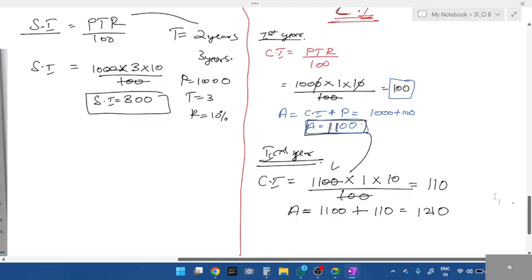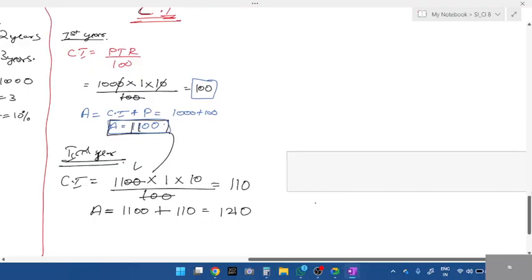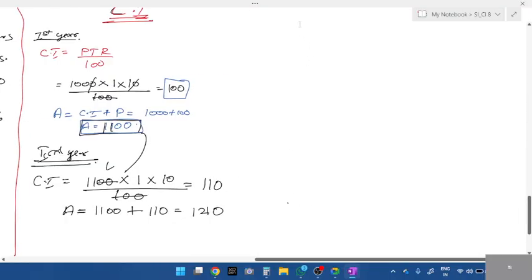Then 2 years calculation you understood. Now third year, students, same. See, the amount has changed. Now you all tell me the third year.